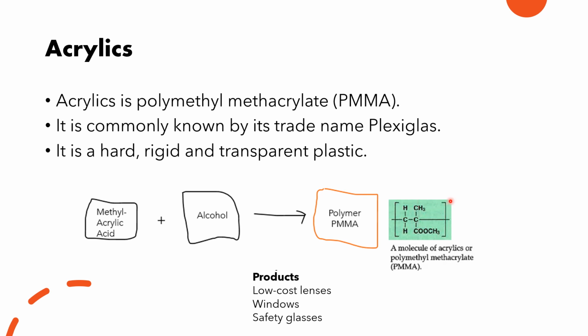It depends, some people put it right here and some people put it right there. It means that it's a long chain of the monomer, okay? This is just a single molecule. Polymer PMMA, there are so many PMMA units in a very, very long molecular chain.